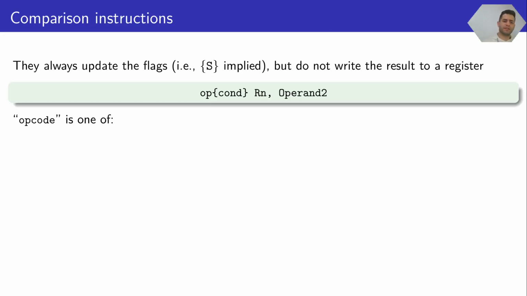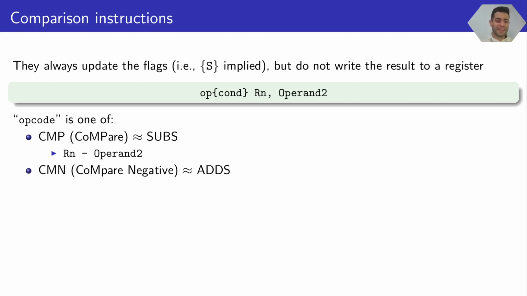Comparison instructions are instructions on which the S is always implied. It means that they always update the CPSR flags, but they do not write the result back to some register. So the opcode can be one of CMP, which stands for compare, and is exactly the same as SUBS, subtracting with the S, with the only difference that we do not write back the result to some register.